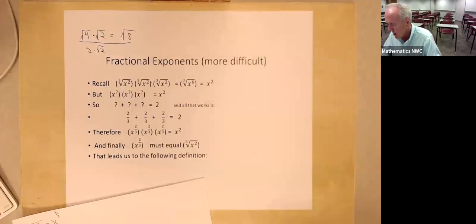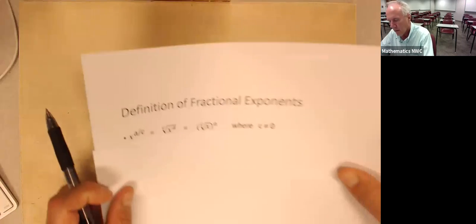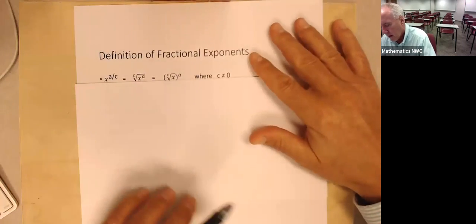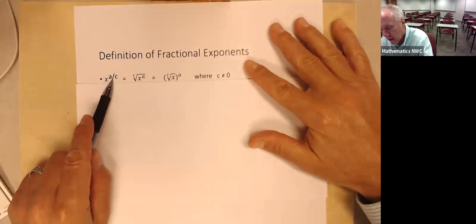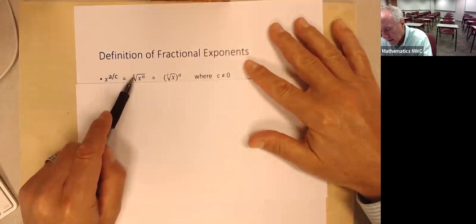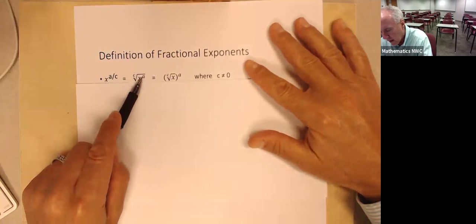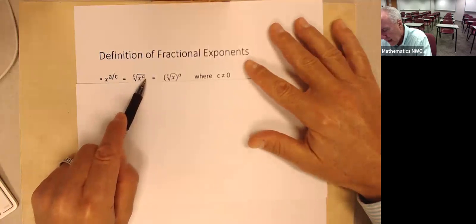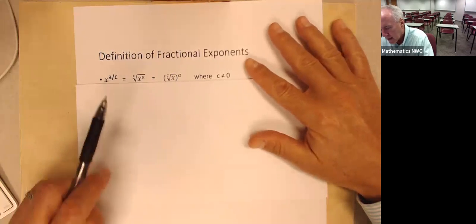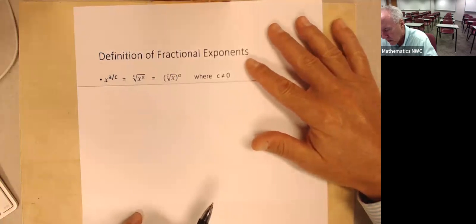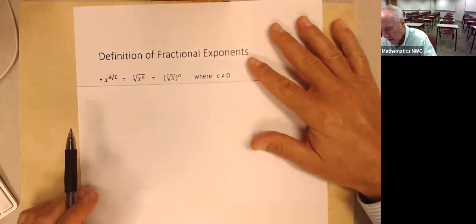That leads us to this definition. This is not easy the first time. X to this fractional power, a over c, can be written as the c-th root of x raised to the a, or I can take the a and move it outside like I did there. Copy this down. If you have to pause this lecture to copy it down, go ahead and do so.